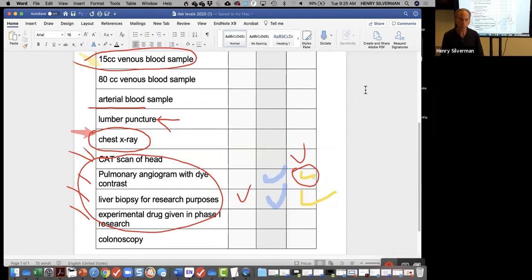One part of a definition of minimal risk, as we'll see in just a few minutes, is risks not greater than those ordinarily encountered in a routine physical exam. So that's why I am marking these indications here.